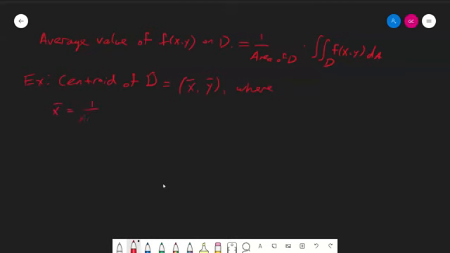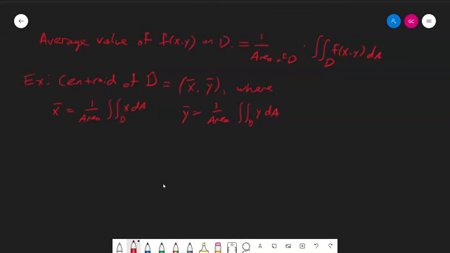So it's 1 divided by the area times the double integral of x on that region. And then, of course, y bar is the same thing, but with y. So these give you what we call the centroid. It's sort of like the center of the region.